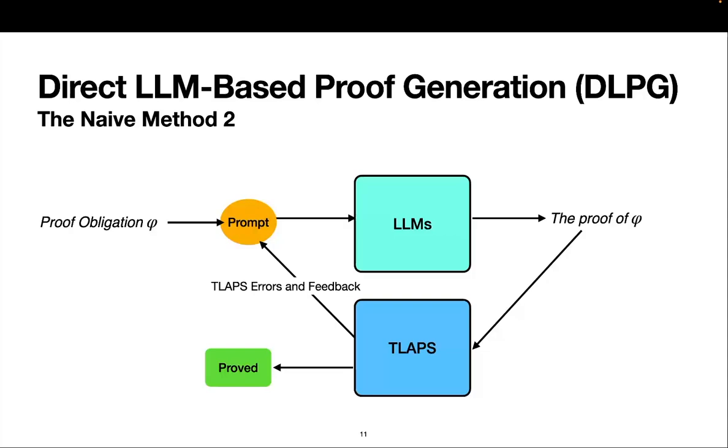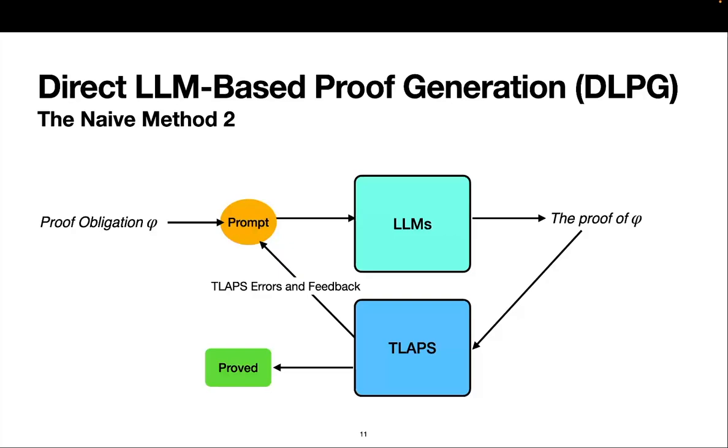But if TLAPS rejects the proof, we collect the error message, compose it with the proof obligation, and then send it back to the LLM. Just let it try again. We can repeat this procedure multiple times until the LLM-generated proof is accepted by TLAPS, or we reach a maximum number of retries, which means that there is no need to attempt more.